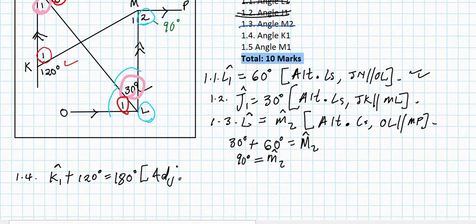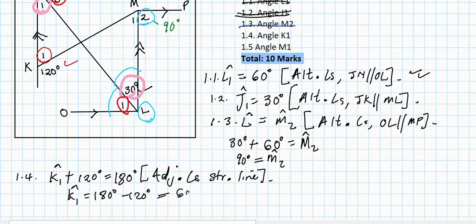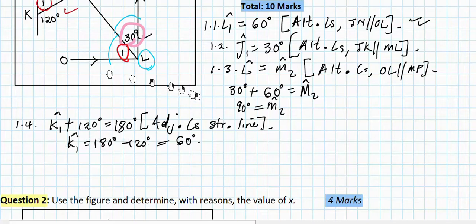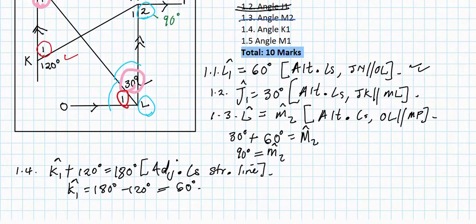Because these are adjacent angles on a straight line. Easy as that. And then I solve for K1. K1 is equal to 180 degrees minus 120 degrees, and that is 60 degrees. Great. For now, we are done with 1.4.